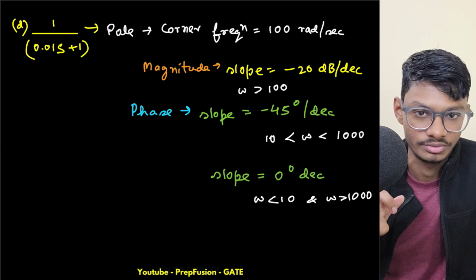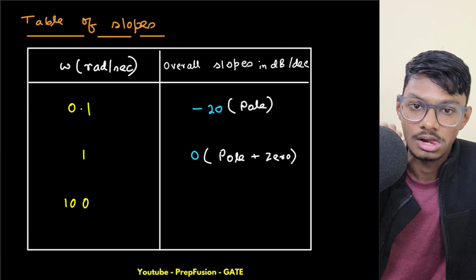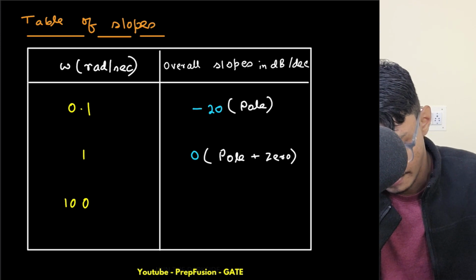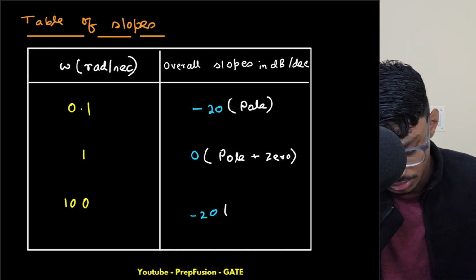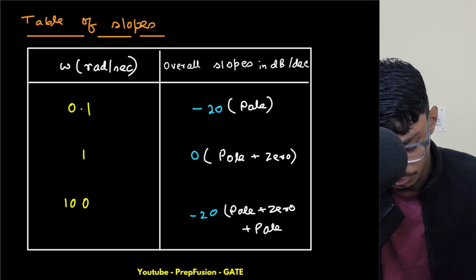So overall, how much is my slope of the Bode gain plot? It is minus 20 plus 20 minus 20, so minus 20 dB per decade. Overall, this is the slope. Okay, so this is pole plus 0 plus pole.